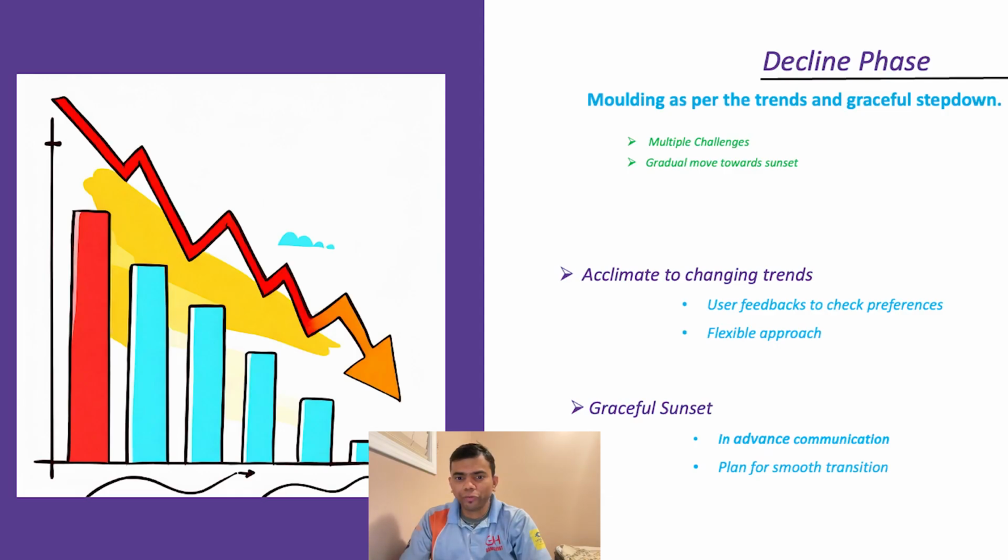Since the beginning of 2020, Satex started seeing unforeseen challenges, leading to the beginning of the decline phase. During this phase, as a product manager, I would closely monitor the user feedback: where we were lacking, what features the users wanted that we were missing.